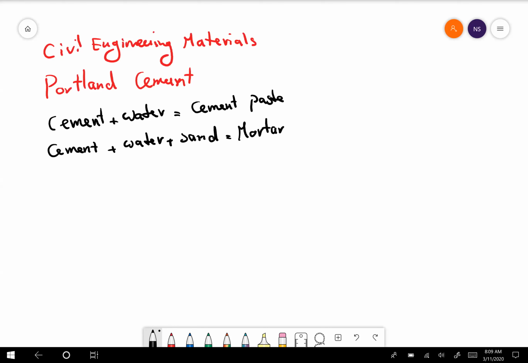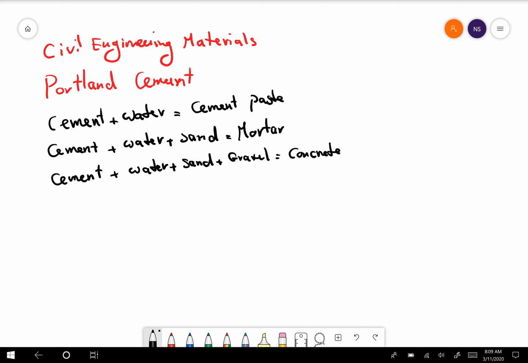And then if you have a mortar, basically cement plus water, then instead of sand, we also have aggregate or gravel. Then we can call this concrete.